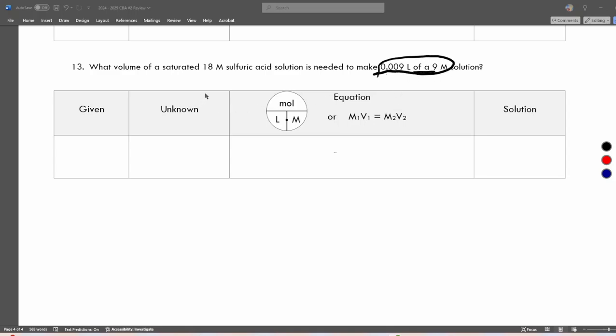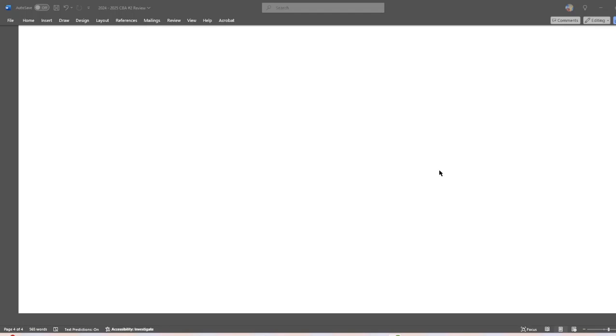So we're going to do the same thing. Multiply the bat, divide by the ball. 0.009 liters times 9 molarity divided by 18 molarity. You put that in your calculator and you're going to get a good answer. All right, make sure you do all of that. I need to see answers here to give you credit.